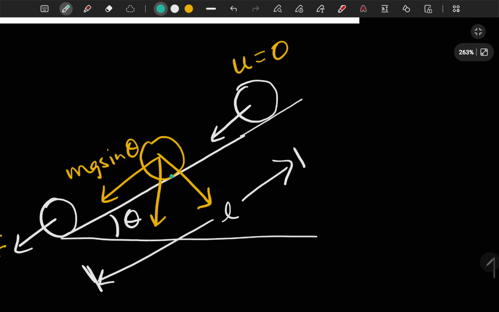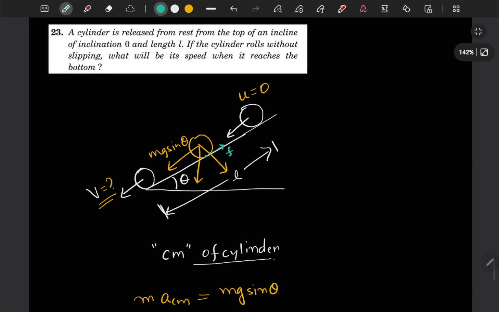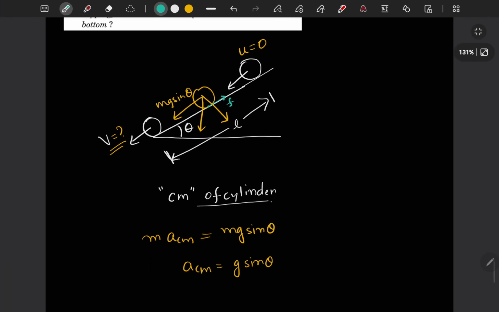The torque is being applied by a friction force in this direction. External torque is equal to the moment of inertia about the center of mass into the angular acceleration. And external torque is the force into r, where r is the radius. So this is the cylinder, this is the friction, this is r, and the axis of rotation is perpendicular to the plane.